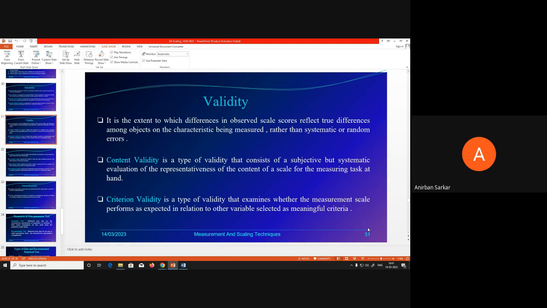What is content validity? A type of validity, sometimes called face validity, that consists of a subjective but systematic evaluation of the representativeness of the content of a scale for the measuring task at hand. For example, say a scale is being designed to measure store image, say, for Spencer's.